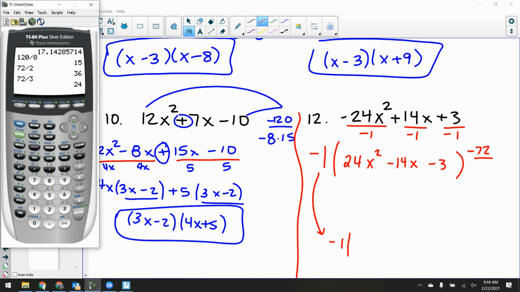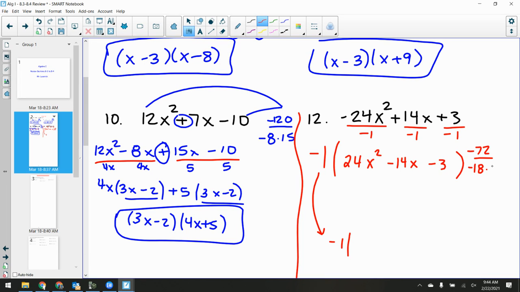Negative 24 times positive 3 would be negative 21. That would not work. Maybe 4. Bingo. Negative 18, positive 4. That gets me a negative 14. So I say 24x squared minus 18x plus 4x minus 3.